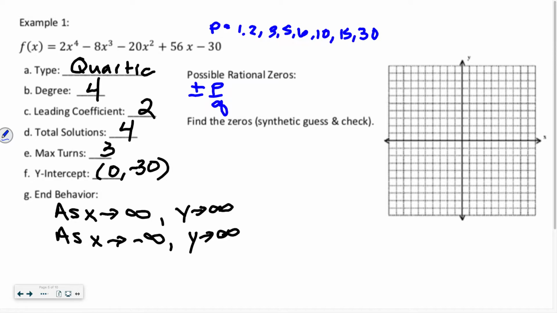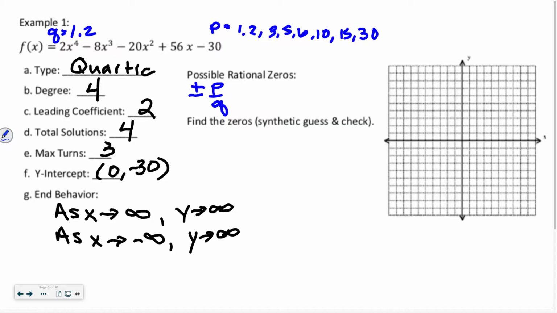Yeah, that is a lot, isn't it? What's my leading coefficient? 2. That's where we get my q's. What are factors of 2? 1 and 2. Okay. So with your q, there's always going to be a 1 there, right? So you're always going to have the list of those numbers that are p, just like as they are.